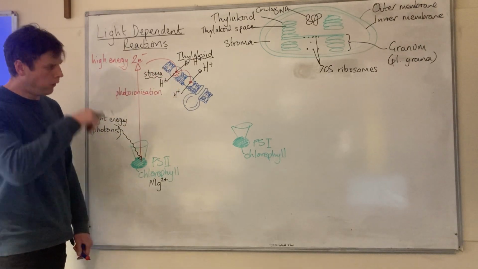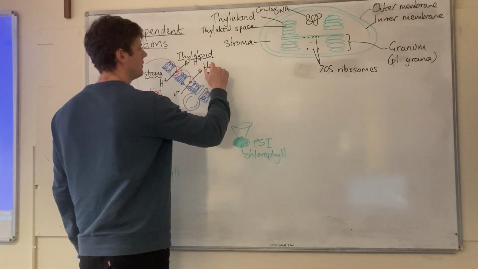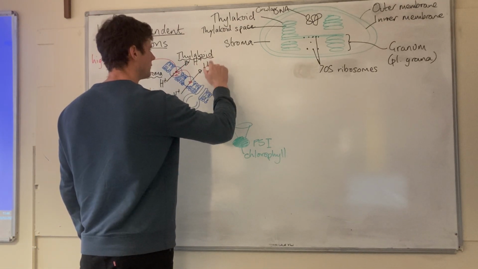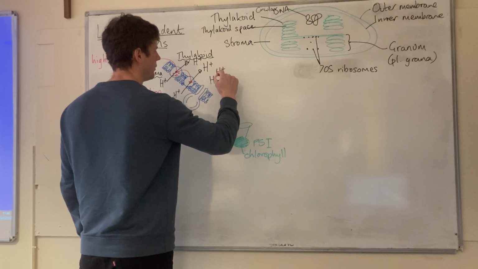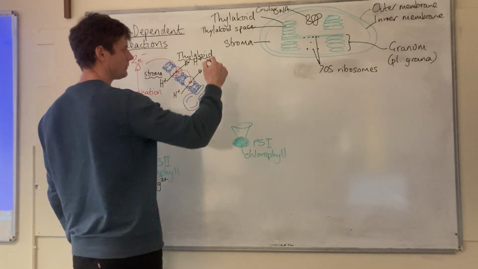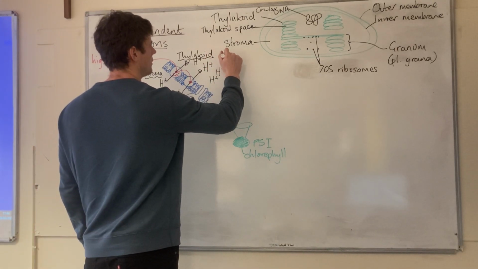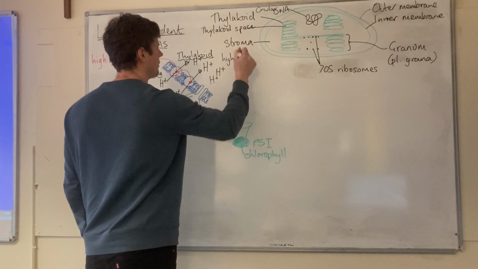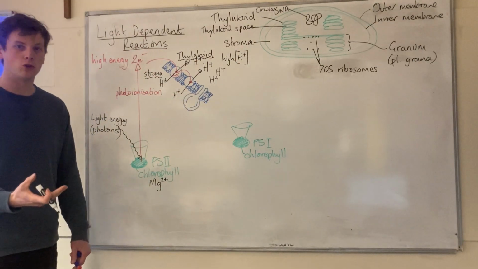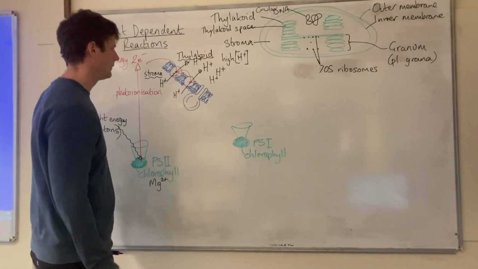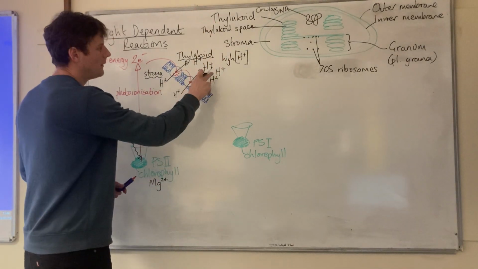Okay. The effect of that then eventually is to create a high concentration of protons inside the thylakoid space. So we've got this high concentration of protons, an electrochemical gradient, electrical because they've all got a charge, chemical because they're protons.